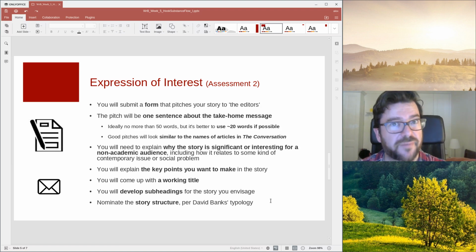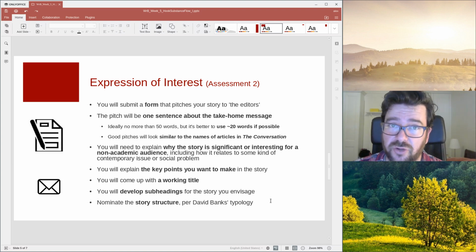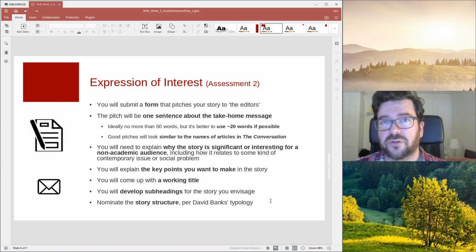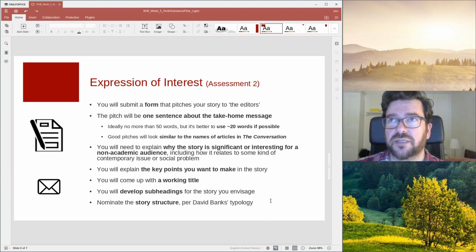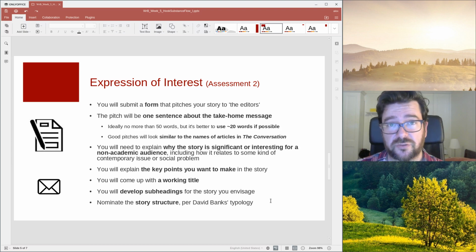So we want you to think about what kinds of subheads you might put in your story. Now, we won't hold you to those when you write your draft. It's a way, though, of getting you to think about how you might articulate to an editor what your story is going to be about, but also a way of prompting you to start thinking about the actual substance, content and structure of the article that you want to write for this unit.